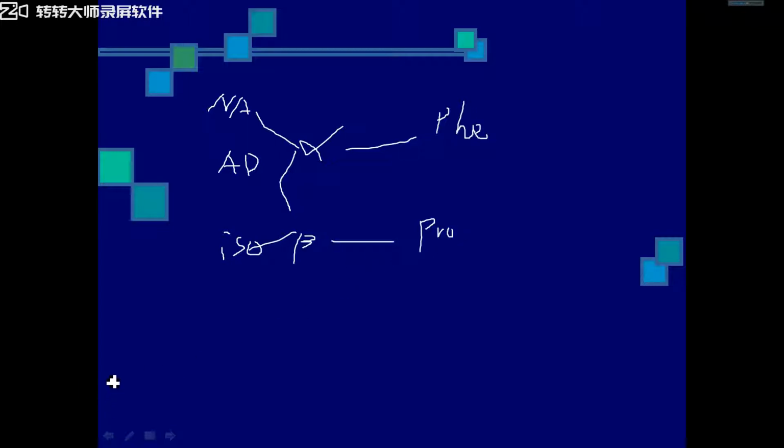Let's trace the normal curve, and then we give adrenaline. We found increased blood pressure, and we also gave noradrenaline, and noradrenaline also increased blood pressure, exciting alpha and beta receptors. Isoprenaline no use.